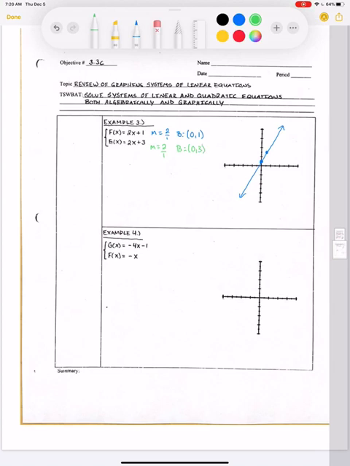So I'm going to start at 0, 3, and I'm going to go up 2 over 1. And as you can see, my graphs will never cross. They are parallel because the slopes are the same. Since the slopes are the same, they're never going to cross, so this would actually have no solution, because there's no POI, no point of intersection.